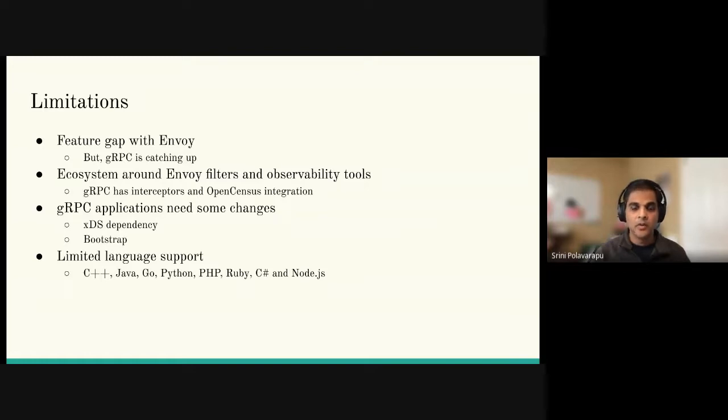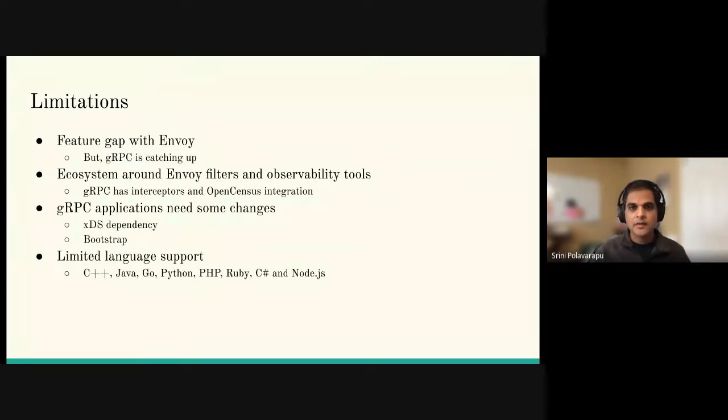And also note that gRPC has interceptors to provide extensibility. And there is also a good OpenCensus integration with gRPC through which you can get metrics and tracing. And just as a side note, OpenCensus is being replaced by OpenTelemetry, which will also have gRPC support.